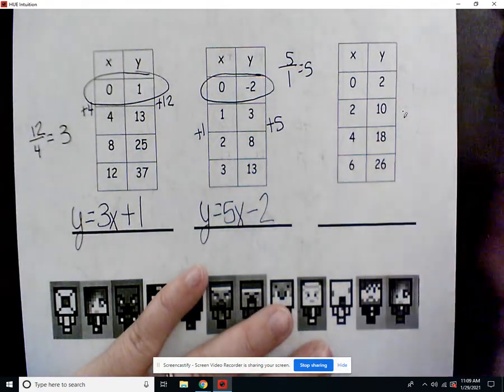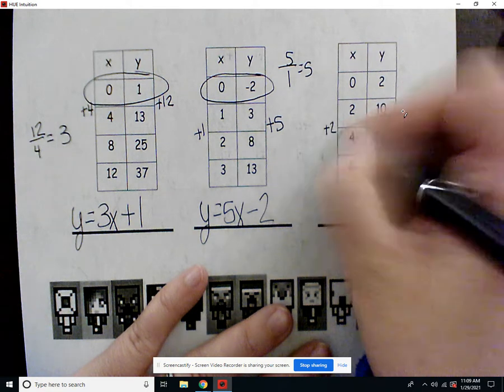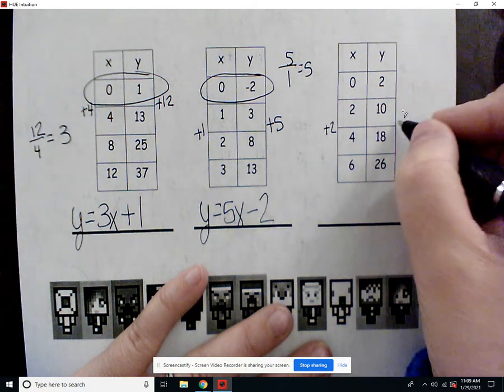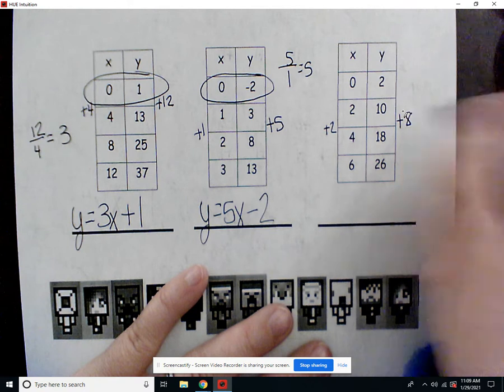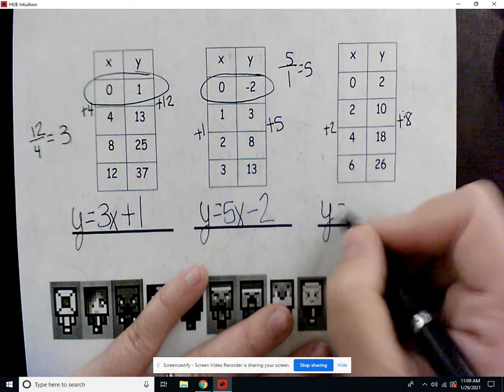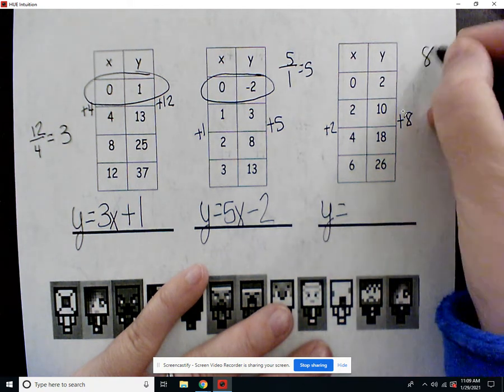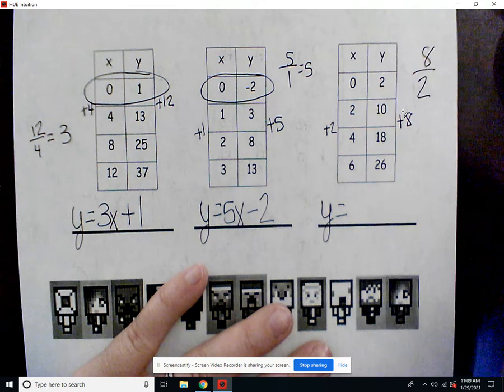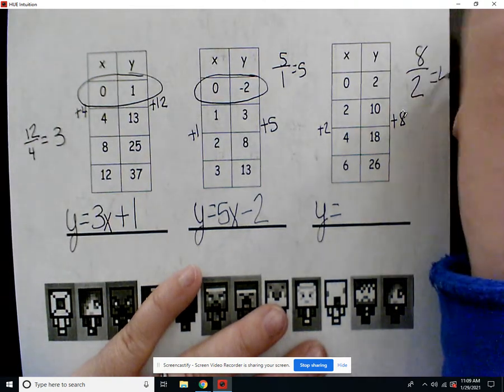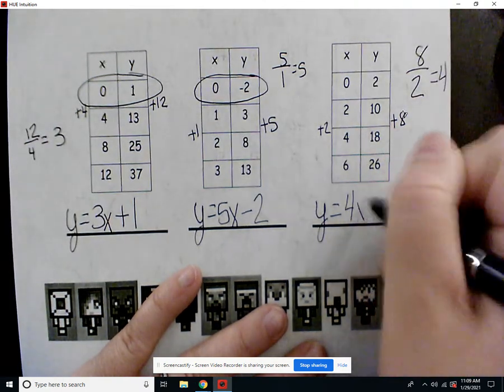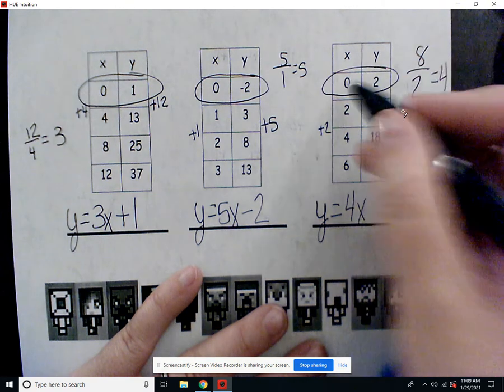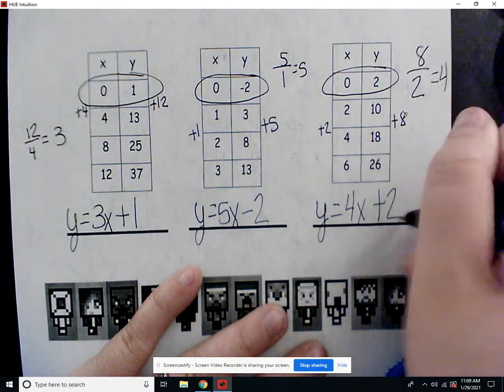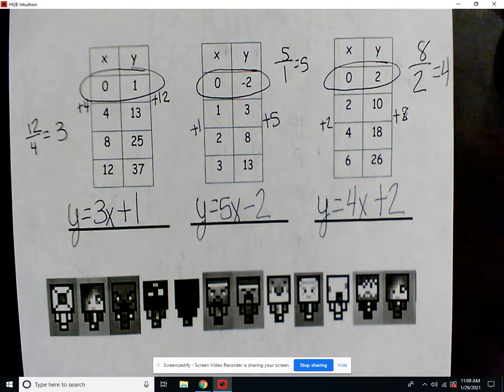Okay, this one we are counting by 2's for x and by 8's for y. We take our y, which was 8, over our x, which is 2. 8 over 2 is 4. So we get 4x, and when x is 0, our y goes at the end, so plus 2.